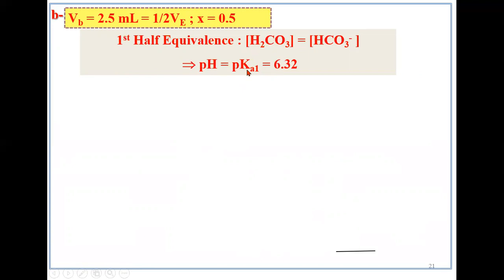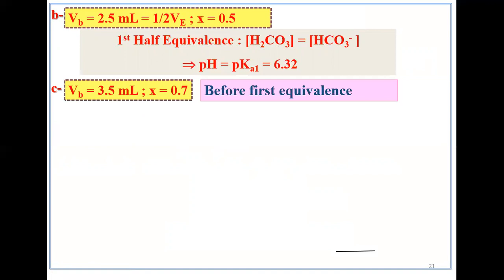And of course, you know that at that value, we have a hydrogen carbonate. The H2A is equal to the HA minus. When the X is 0.7 or the volume is 3.5, well, here, I actually have to do a calculation usually before the equivalence.